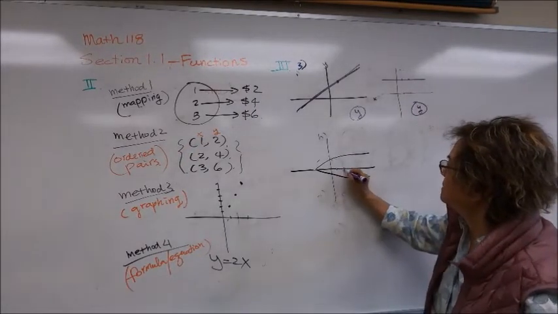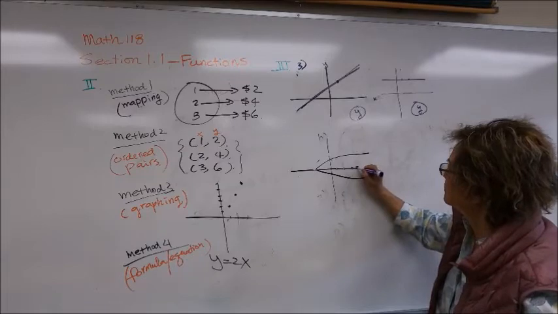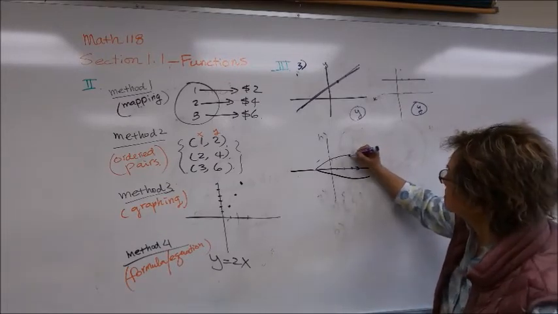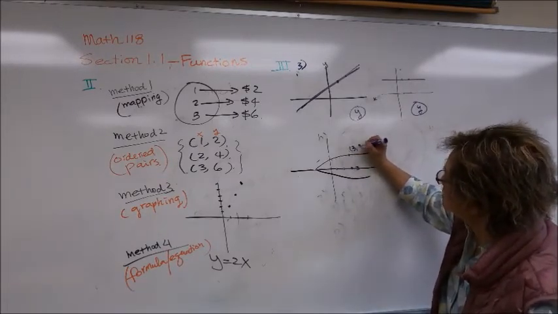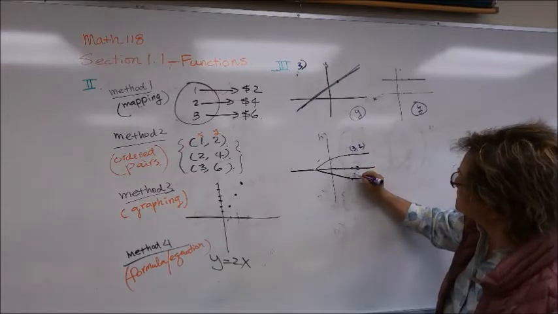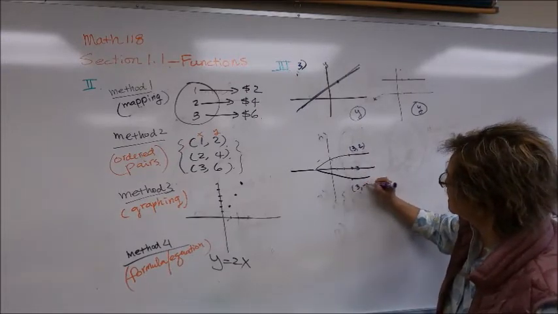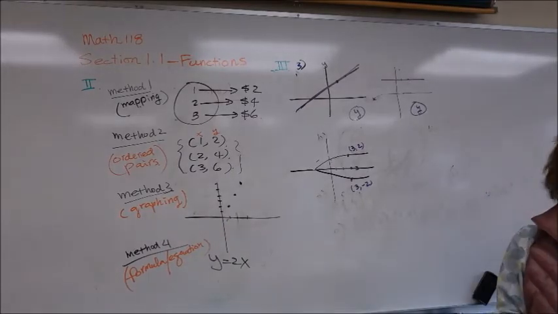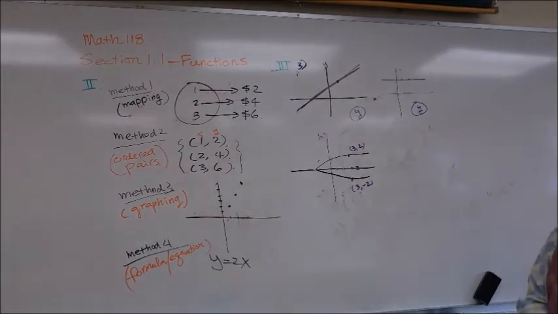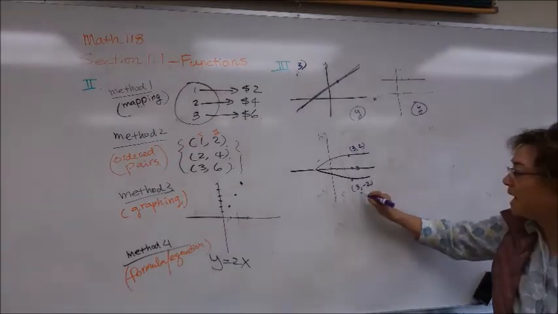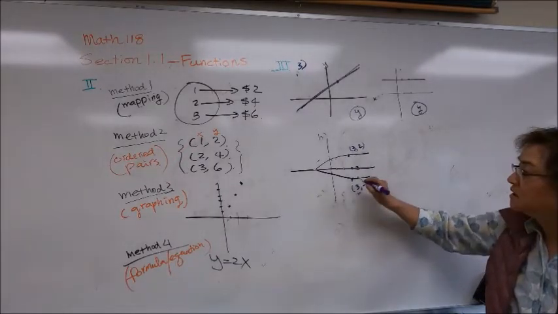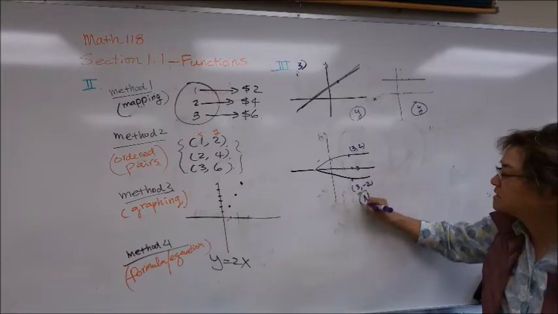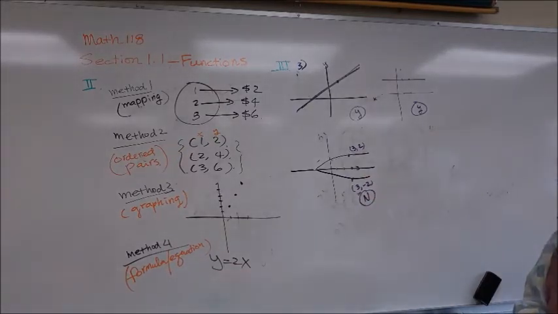If I have 1, 2, 3, that's my x. Maybe I map to 2; also when x is 3, maybe it's -2. I have 2 points. So what do you think? Do we have a function? Because you have 1 x value and 2 y values, this one is no.